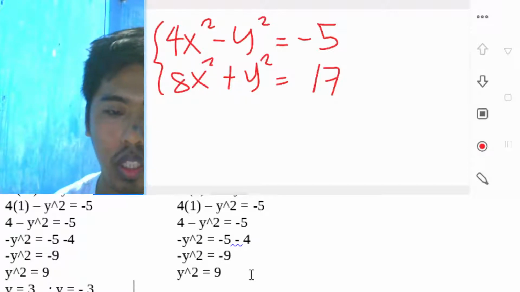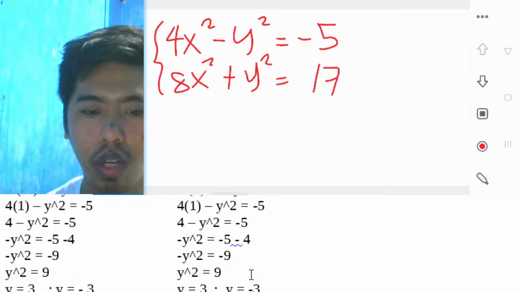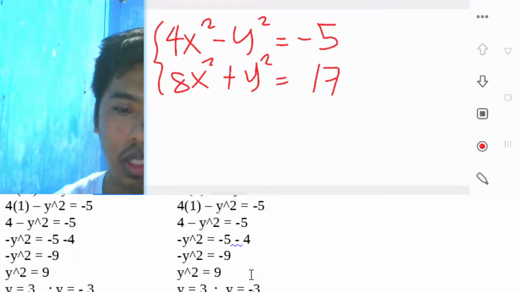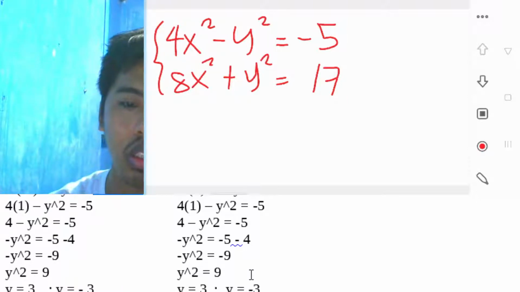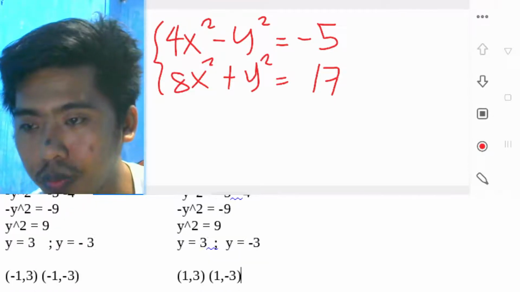Square root, y equal to 3 and y equal to negative 3. So when x is positive 1, y could be positive 3 as well as negative 3. So we have 4 answers.